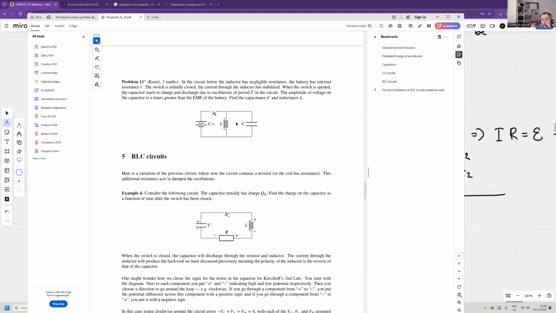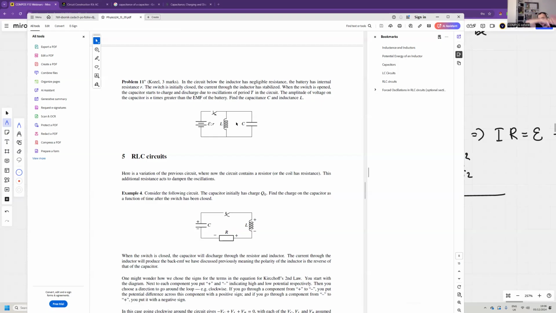So first you fill up the system with energy. The current in the circuit builds up, and that's your stored magnetic energy. The capacitor charges, and that's your stored electrostatic energy. And once you disconnect, you only have the two energies, the electromagnetic and the electrostatic.